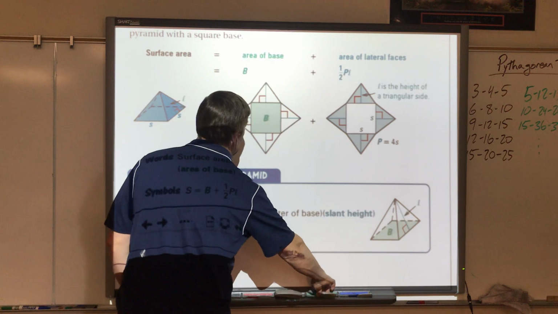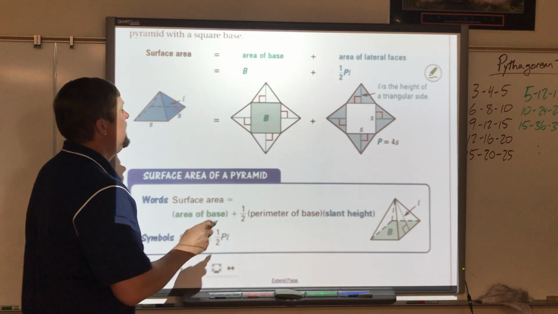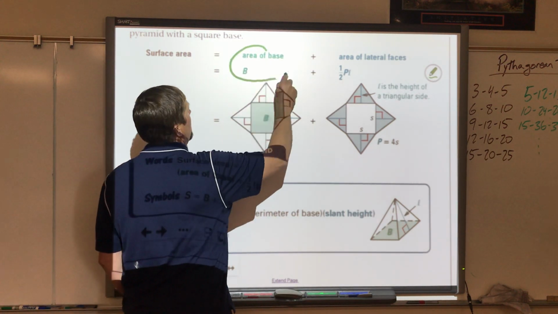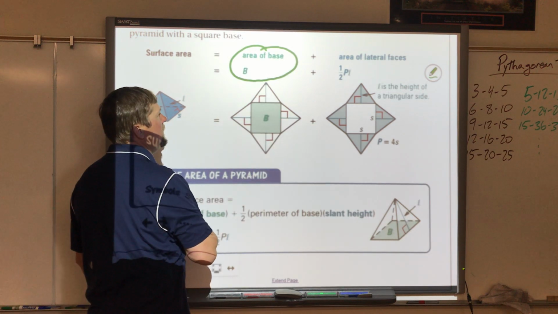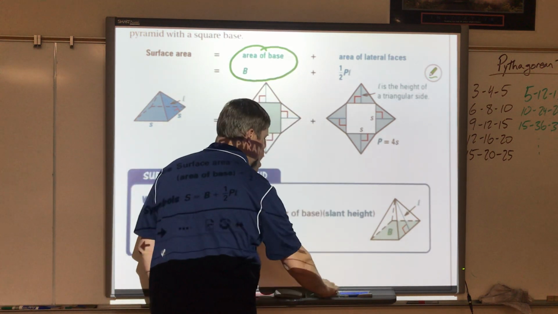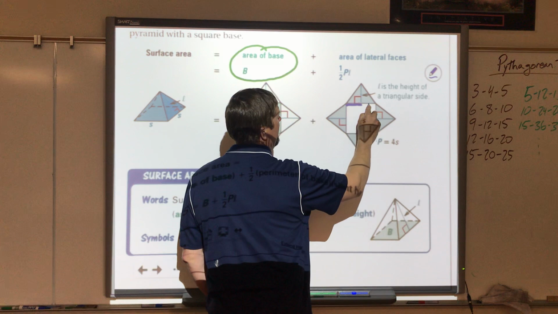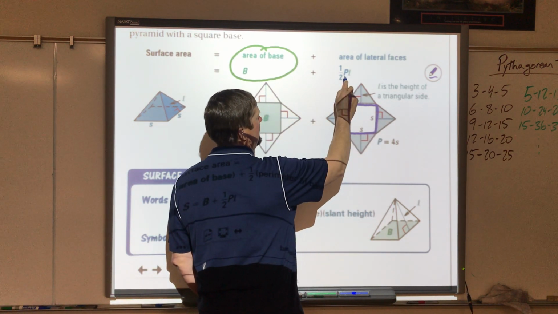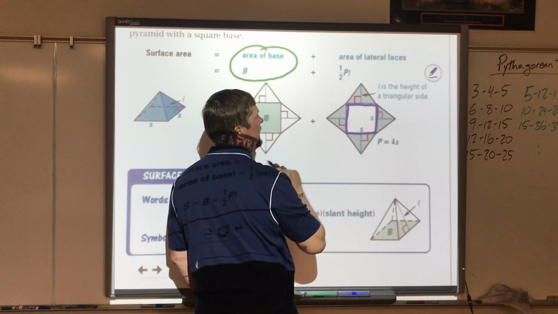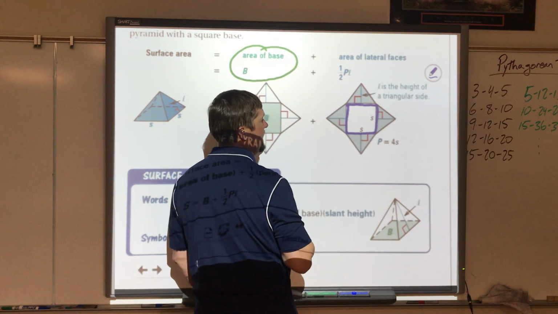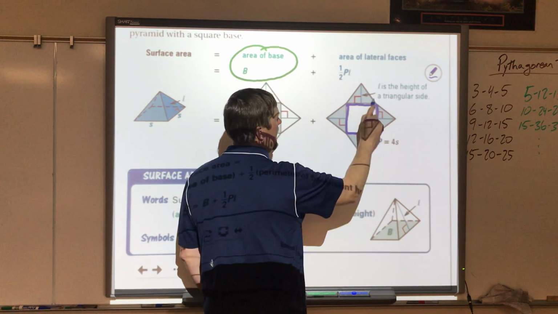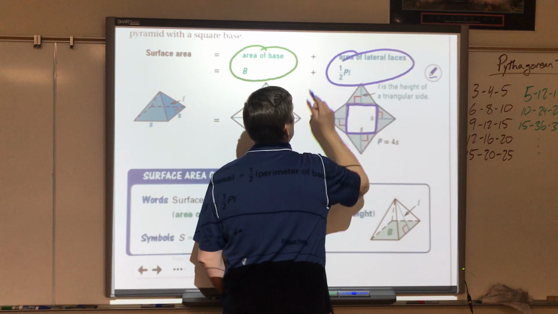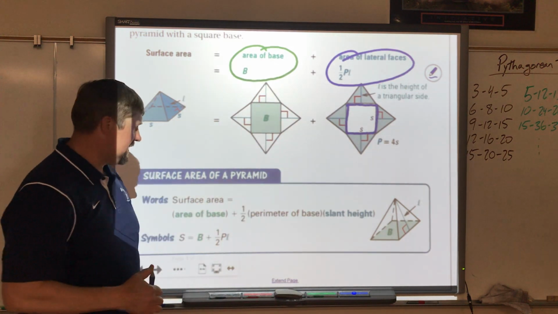Okay, so to find the surface area, you take the area of the base plus you find the perimeter of the base and you multiply that times 1/2 times the slant height, which will be all of the areas of the triangles. So you're adding those two things together.